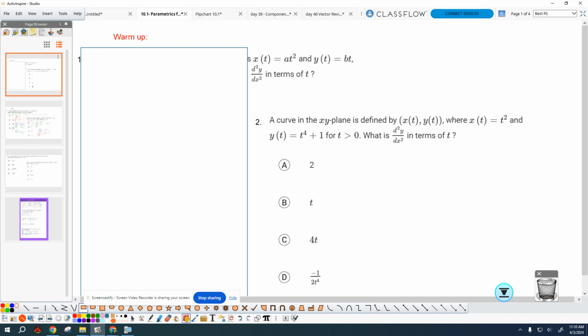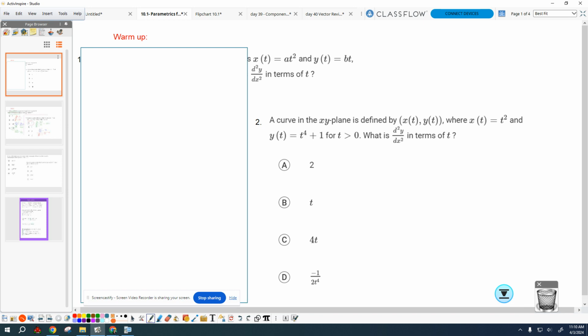So potentially, it's because you don't have information. Nick, how do I do the problem? You start off by finding dy over dx. Okay, what is dy over dx?